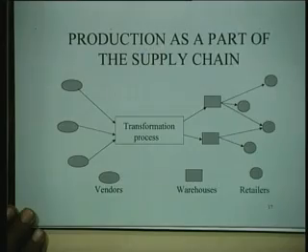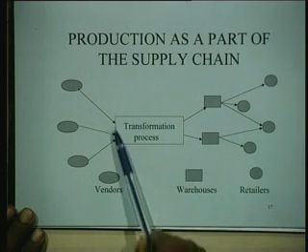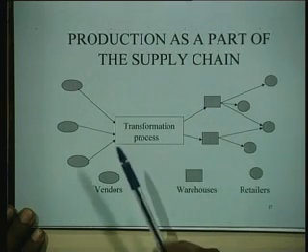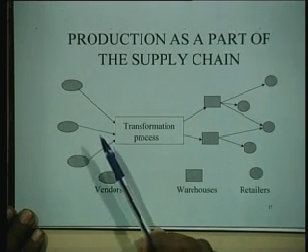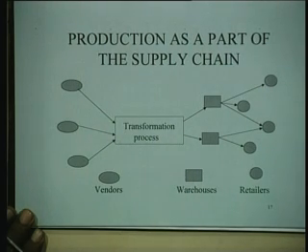Another major development which has taken place in the context of production systems is that originally the focus was only on the transformation process and the input and output from it. It has now been recognized that the transformation process is not operating in isolation.